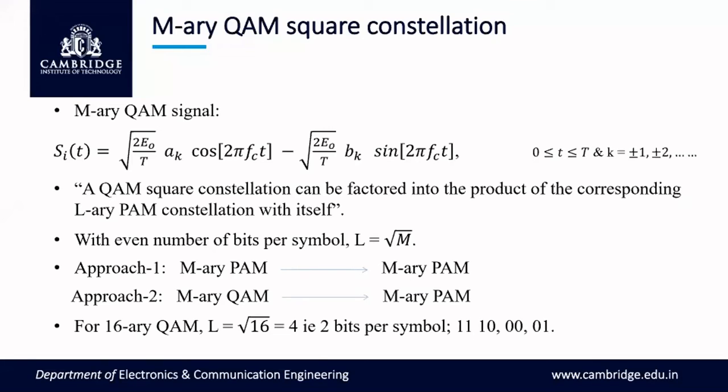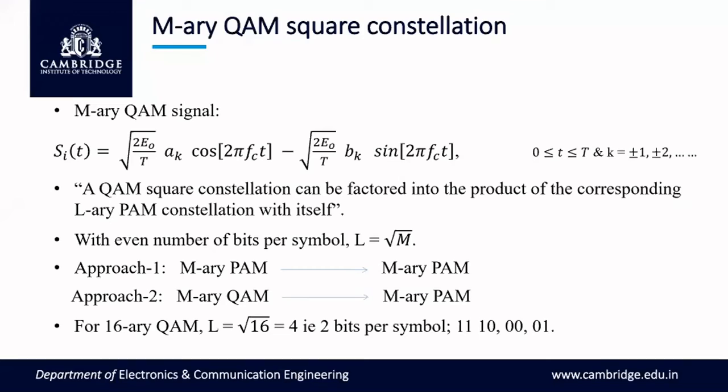A QAM square constellation can be factored into the product of the corresponding L-ary PAM constellation with itself. This takes some time to understand. First, look at the heading part of this. It's MRA QAM, M number of symbols.